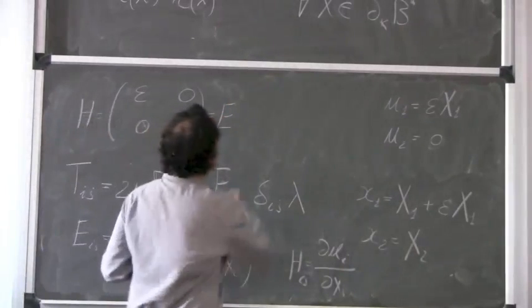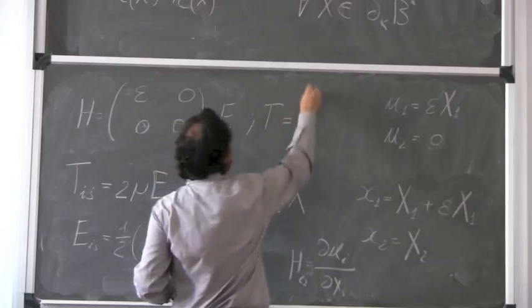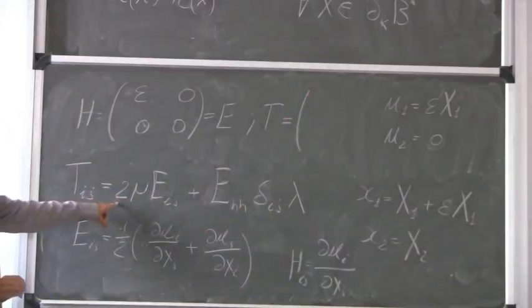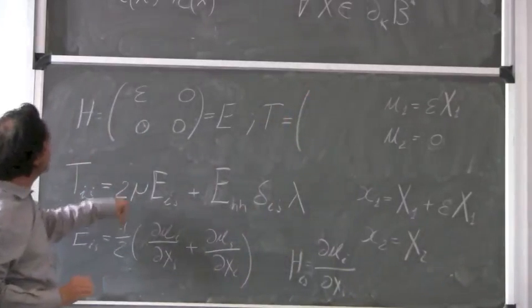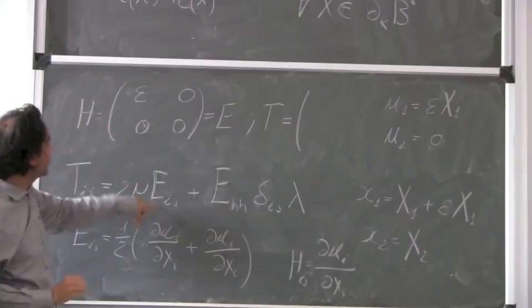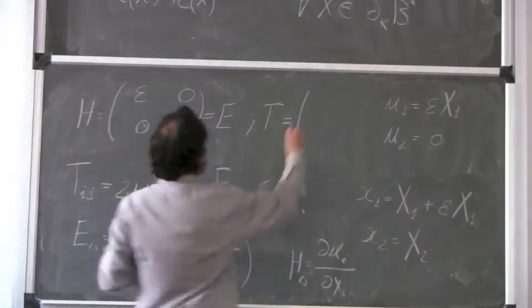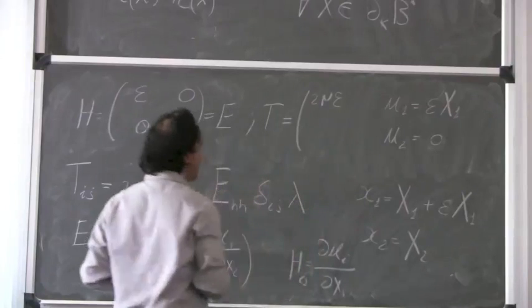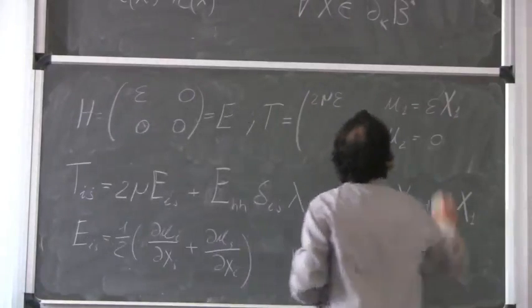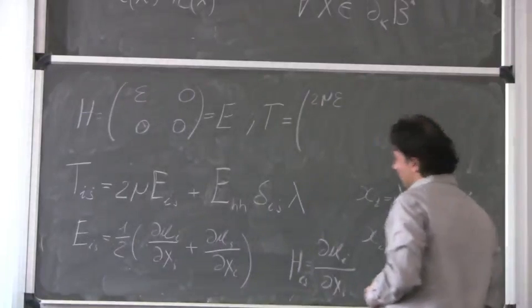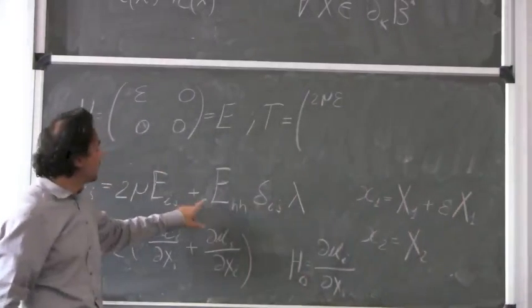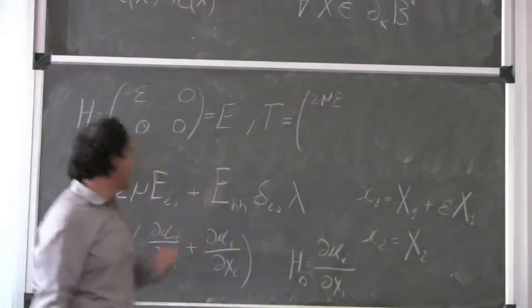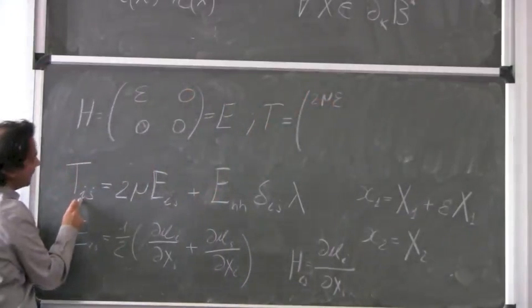And so we can also say how much is T. T is 2 mu times E, so we have 2 mu epsilon. This component is the component 1,1.